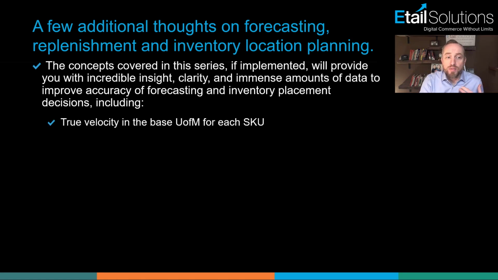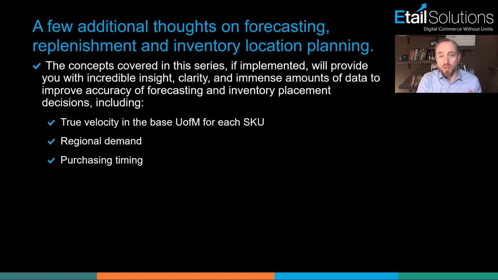And that includes the true velocity of these items and the SKUs and the base unit of measure across your entire digital sales footprint. It includes understanding regional demand. It includes what is the timing? When do I need to purchase based upon the true velocity across these channels?